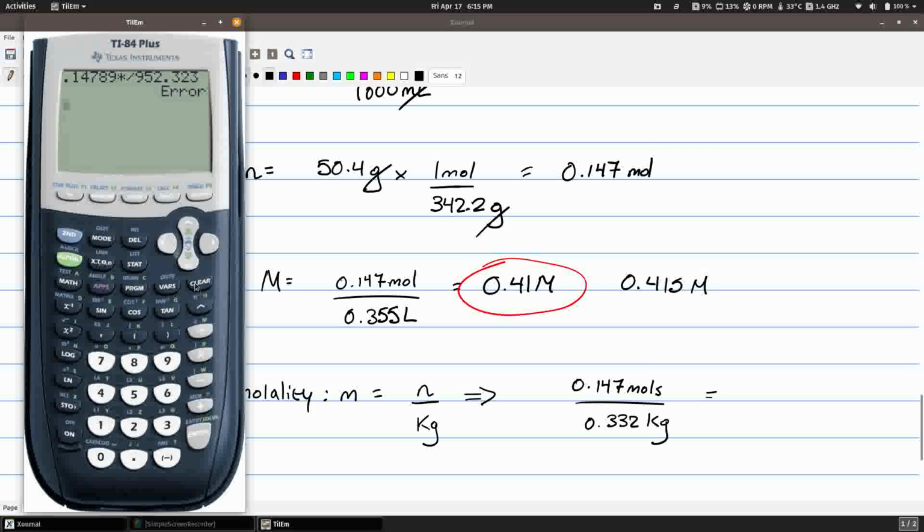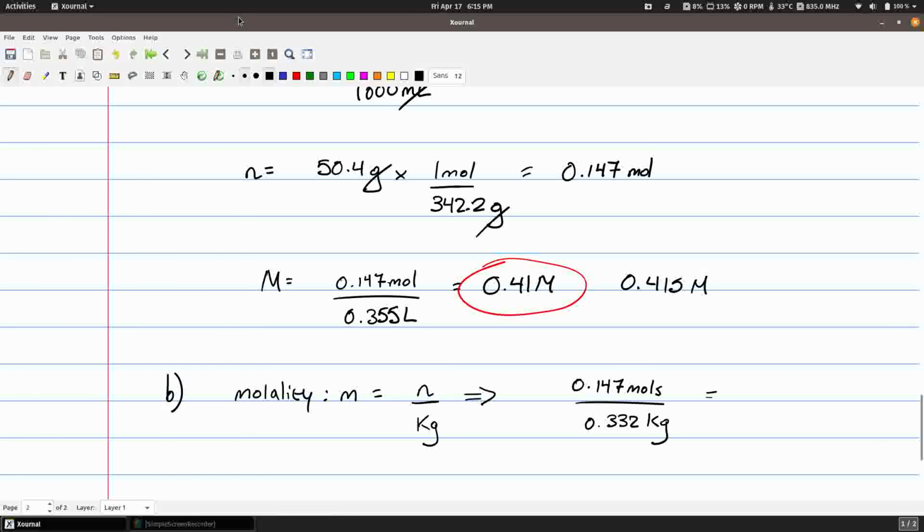Oh wow, I don't know what is going on there. Alright, hang on a second, my calculator's glitching out. Alright, I'm gonna use the calculator on my other device. Alright, the answer is gonna be about 0.445 molality.